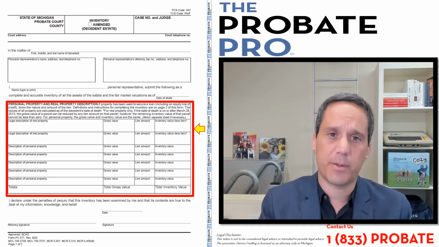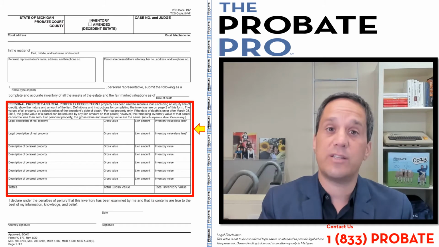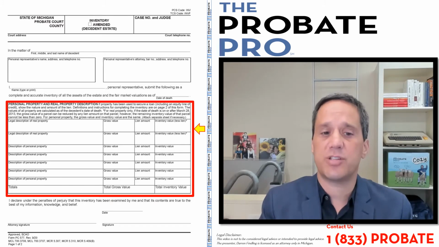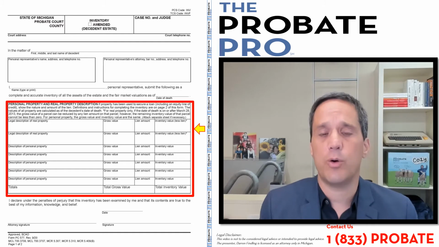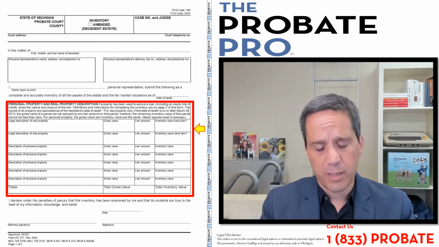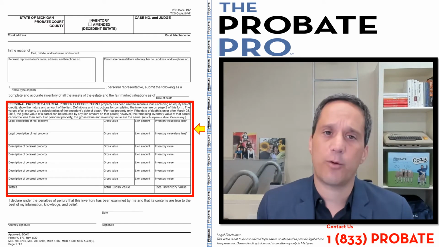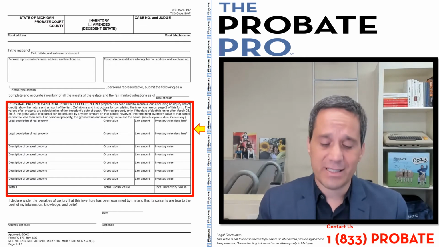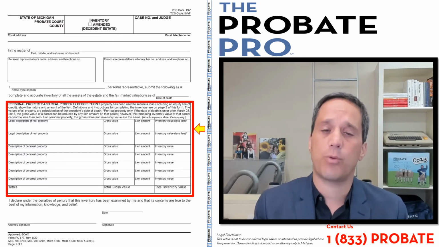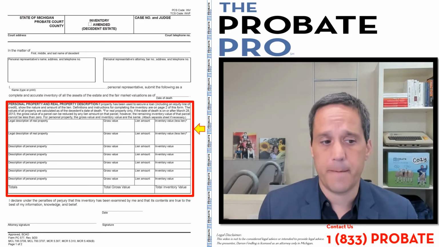So you have to be very careful about getting the legal description right, making sure that you've included, if you're using 2 times the SEV, a copy of the tax bill for purposes of determining the gross value, and then any liens are appropriately identified so that the court can be assured that the valuation you're using for that real estate is accurate, because this is an important piece for the court's function, which is to identify the gross value for purposes of assessing the inventory fee.